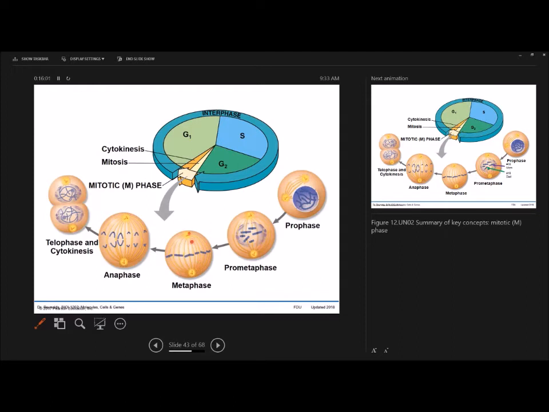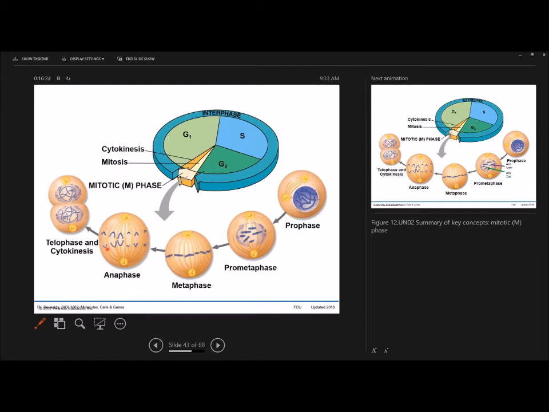In metaphase, we line all of our chromosomes up along the metaphase plate because our spindle fibers, the microtubules, pull and push until they line up perfectly. Then the cohesins that hold the sister chromatids together dissolve and allow the sister chromatids to separate, forming new daughter chromosomes.